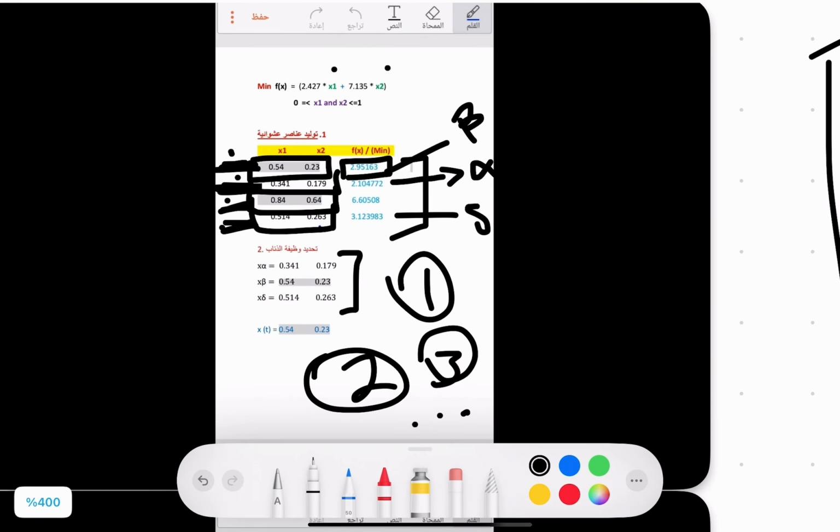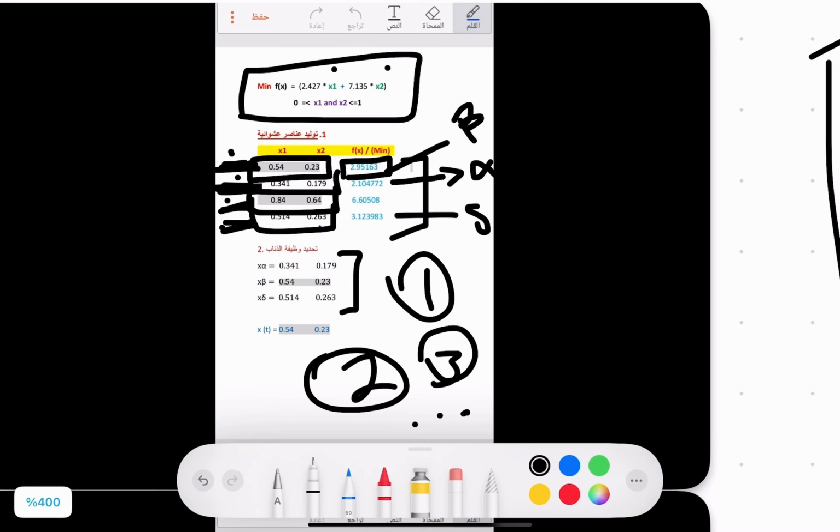We will be the ones who determine the x-wolves, the alpha, beta, and gamma. How are we going to decide which wolf is which? We're going to find the best solution that we have in our current data. What value gives us the minimal value for the function?